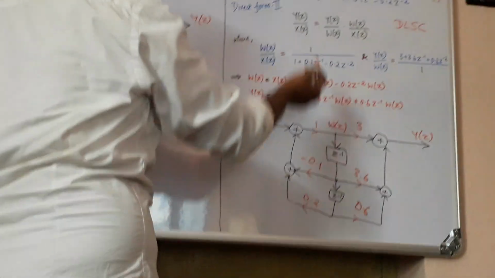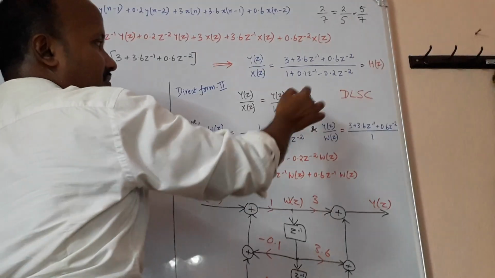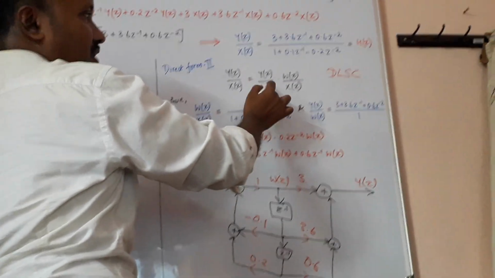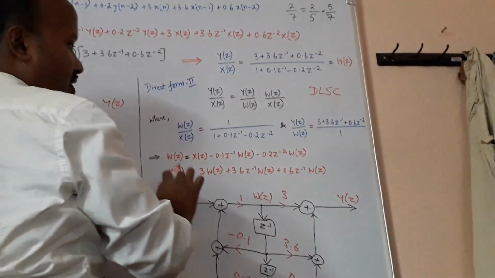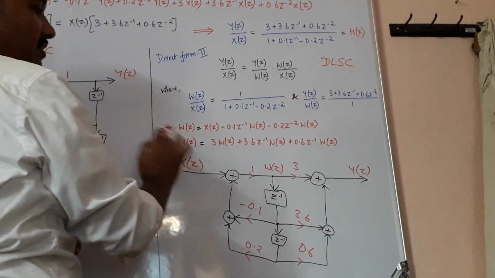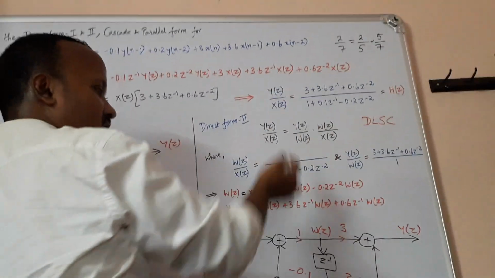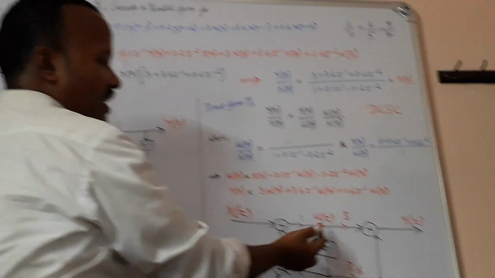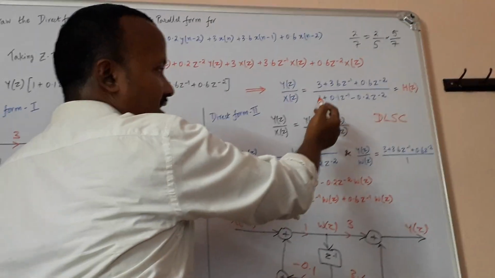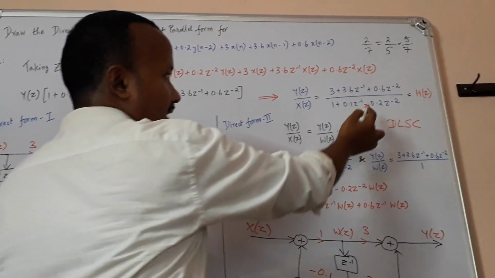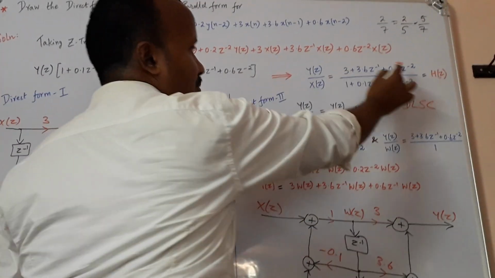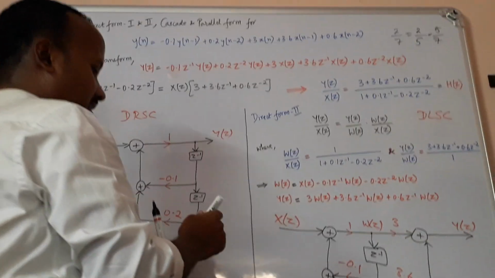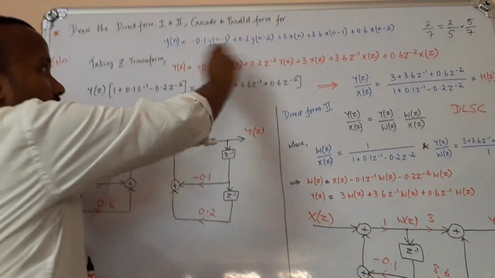And for direct form 2, write this y of z by x of z in a different way, introduce a new function called w of z and draw the structure for w of z and y of z. Directly from this also we can draw, but these are necessary for marks' sake. So here you have a common delay, denominator left side sign change, plus will become minus and minus will become plus, and numerator will come in the right side. This is direct form 1 and direct form 2 for the given problem.